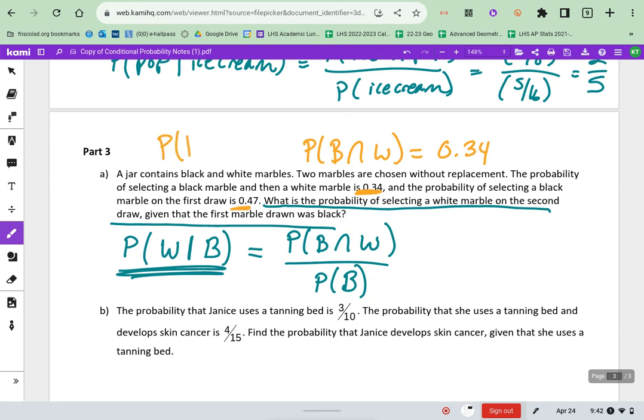So the probability of just black is 0.47. Hey, that's what I needed. So now I'm just going to plug those probabilities into my formula. 0.34 divided by 0.47. And that gives me, I'm just going to leave this as a decimal, 0.723.